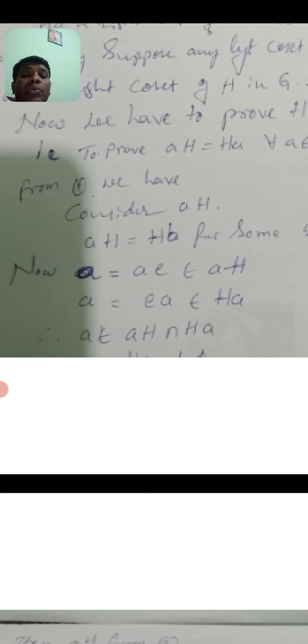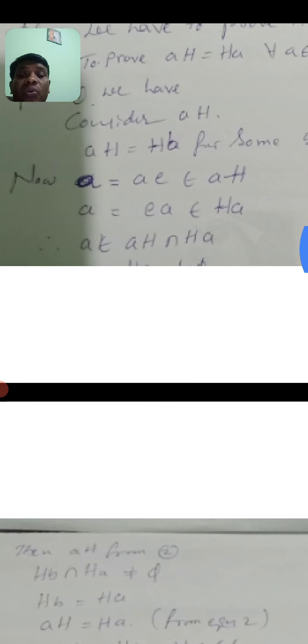So a e belongs to our left coset aH. And also a equal to e times a belongs to the right coset Ha. Therefore a belongs to the left coset intersection the right coset.